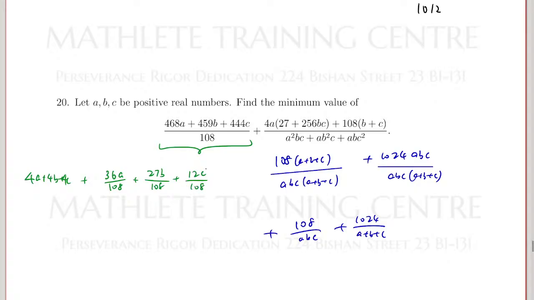Now, when I see these numbers, I'm very happy. Because just nice, 36, 27, and 12 are all factors of 108, right? And if they're all factors of 108, maybe there's already a way for us to cancel out with this guy.